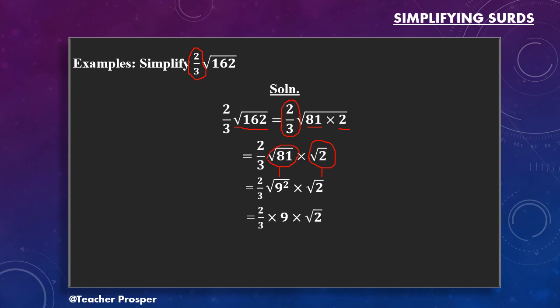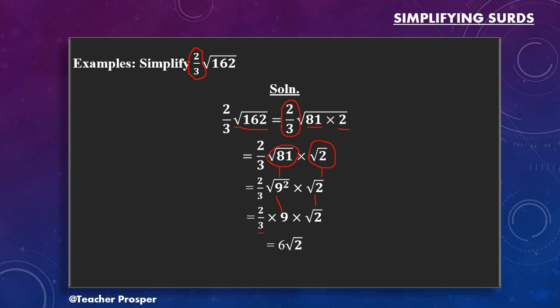Now, our next step gives us square root of 9 squared brings us here to 9. And then square root of 2 here remains square root of 2. And then our coefficient is still kept there.